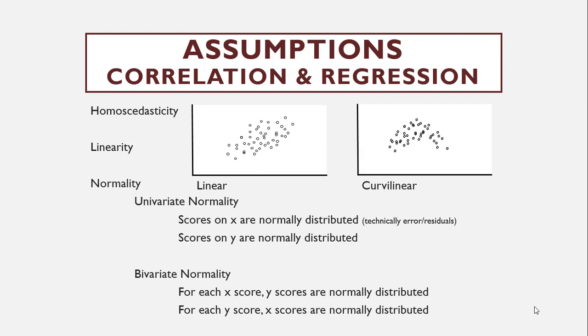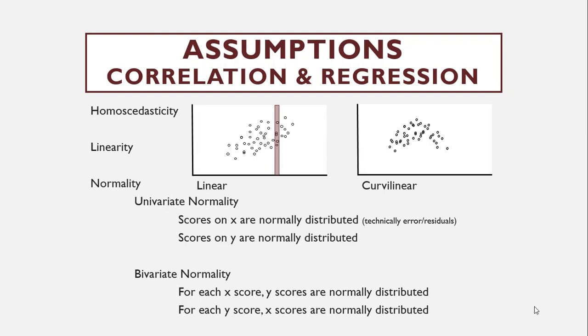Additionally, we now have added what's called bivariate normality. And bivariate normality means for each score on X, the Y score should be normally distributed. And for each score on Y, the X score should be normally distributed. So basically, if I go in and I take a slice, so on X, these scores, right, they're all the same.